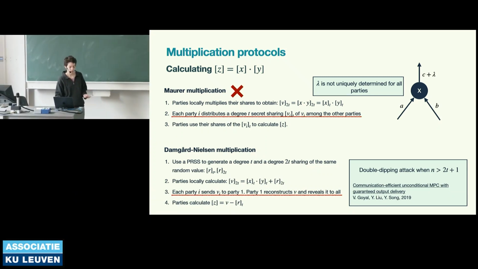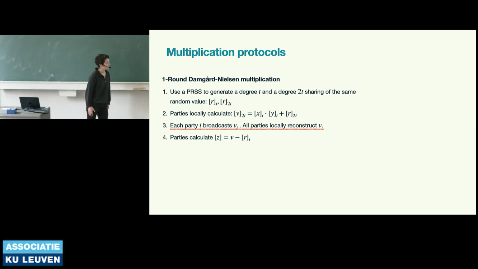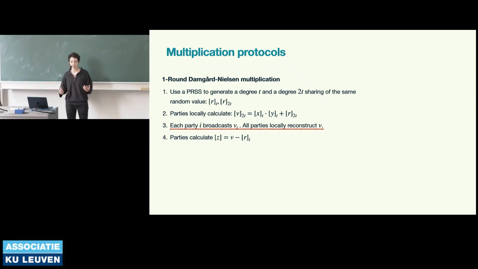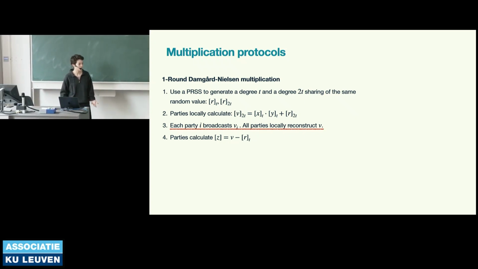But what we can do is to use a 1-round version of the Damgard-Nielsen protocol. So in this 1-round version, instead of having a king who receives shares from every party, every party will open their shares to all the other parties. So it's as if all the parties act as the king. And usually this would result in a more expensive communication because we are using broadcast.